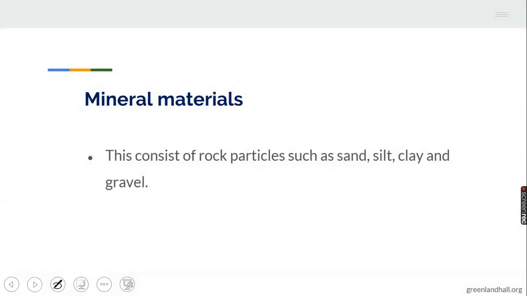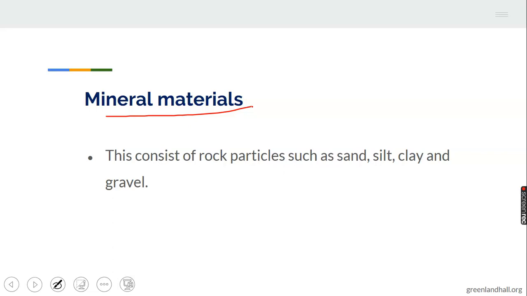The first one is mineral matter or inorganic matter. It consists of rock particles such as sand, silt, clay, and gravel.